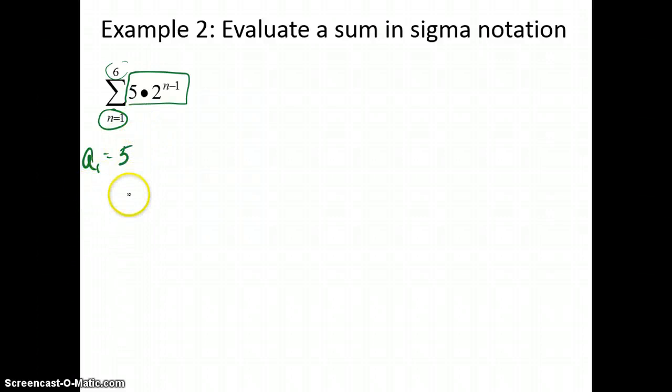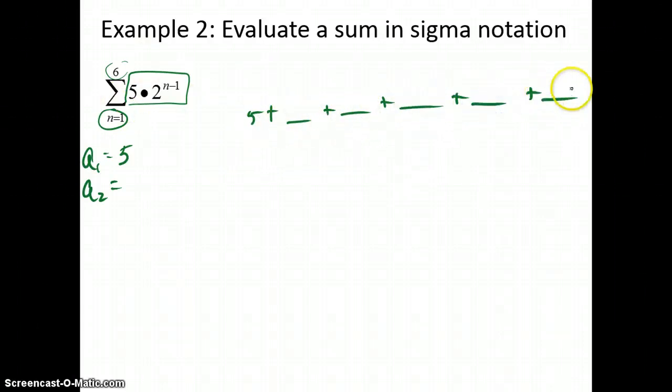If we are looking for the sum of all 6, we have to know what all 6 of them are. So a sub 1 is 5. I'm going to have 5 plus something plus something. Basically, I'm going to have 6 spots here: 1, 2, 3, 4, 5, 6.